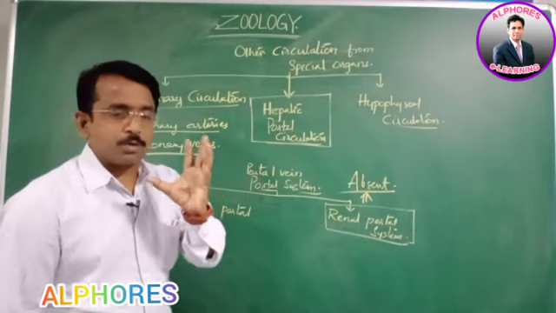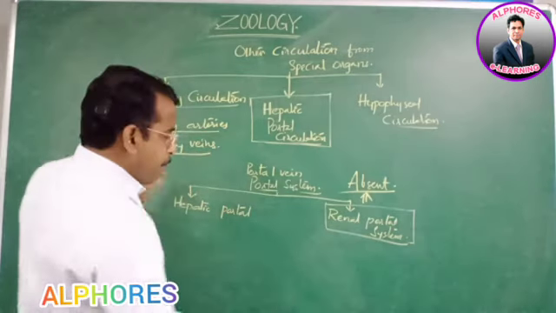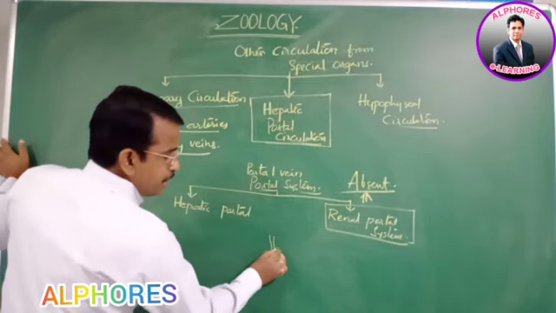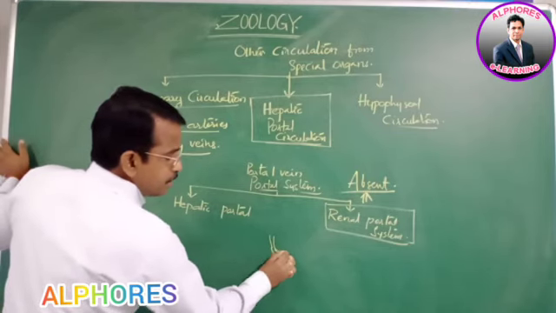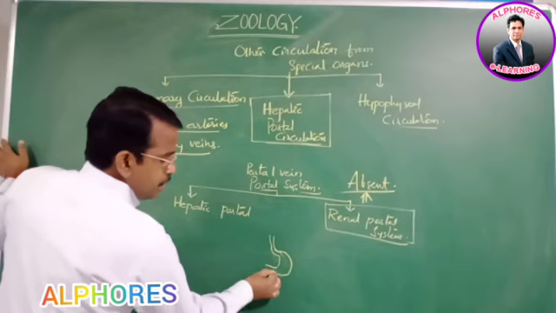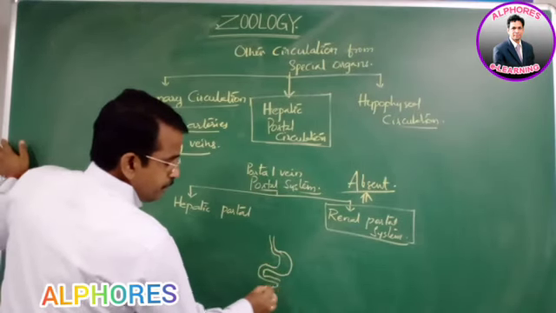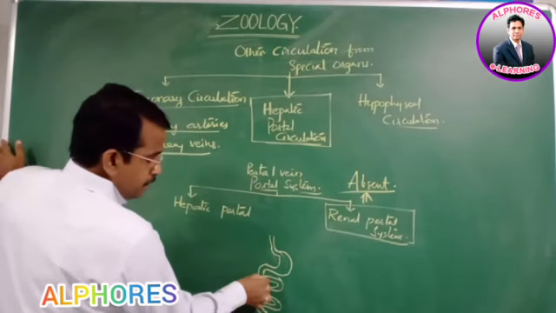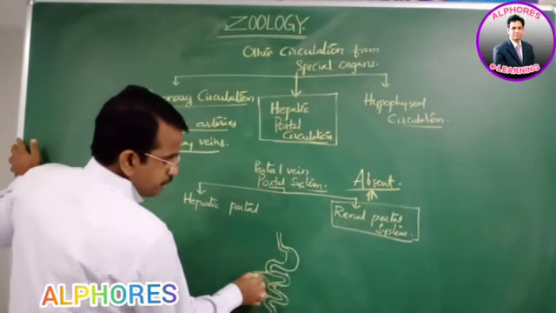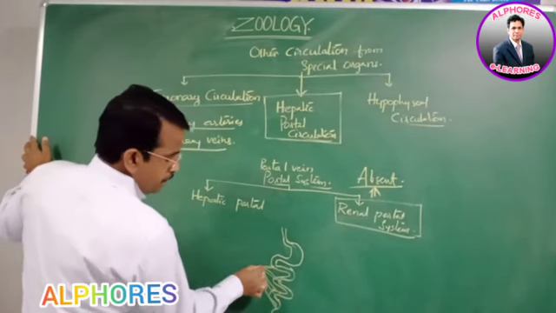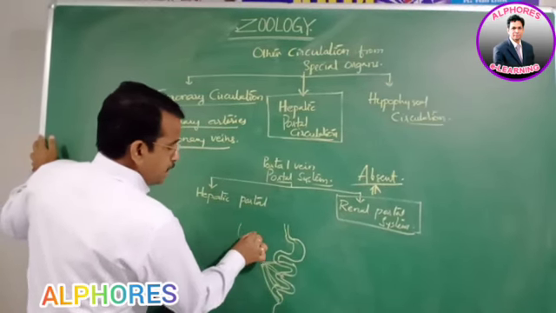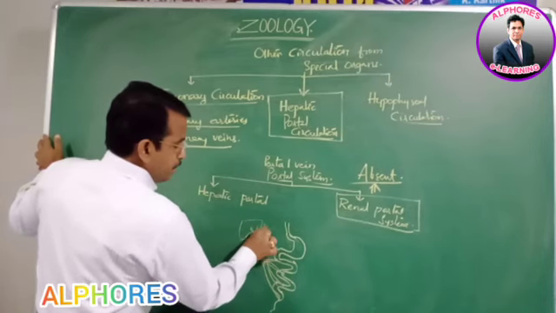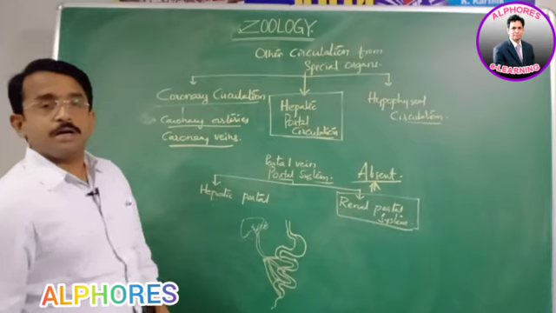The hepatic portal system includes the hepatic portal vein. The hepatic portal vein is a vein which starts with the blood capillaries in the gut and ends with the blood capillaries in the liver.